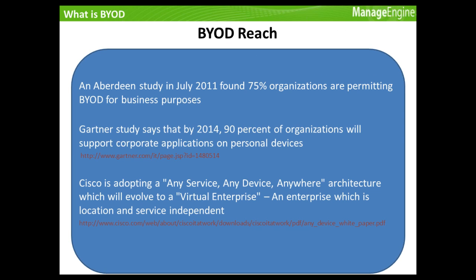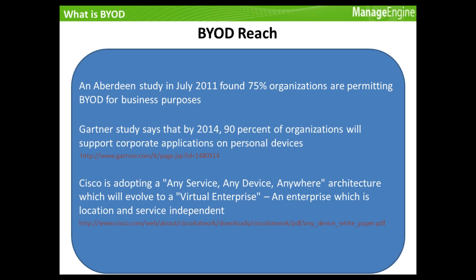So what has been the BYOD reach over these years? These are some of the survey results from different research and analyst companies. An Aberdeen study in July 2011 found that 75% of organizations are permitting BYOD for business purposes.